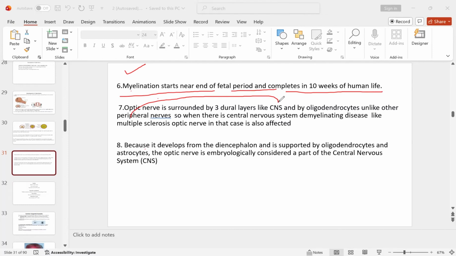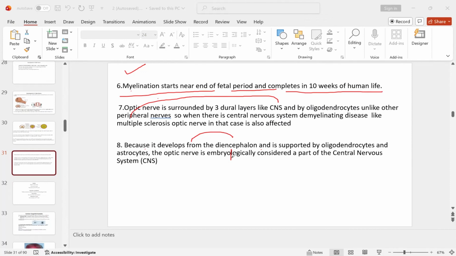What are these characteristics? Number one, the optic nerve is derived from diencephalon, and we know that diencephalon is a part of brain, and the brain is part of central nervous system. So this indirectly indicates that the optic nerve is also a part of central nervous system.